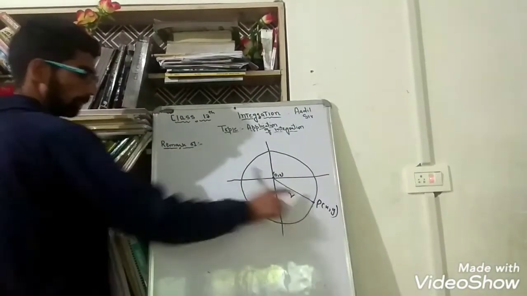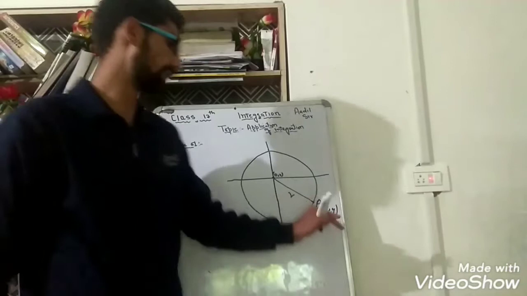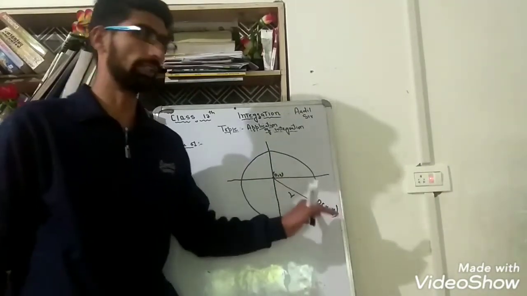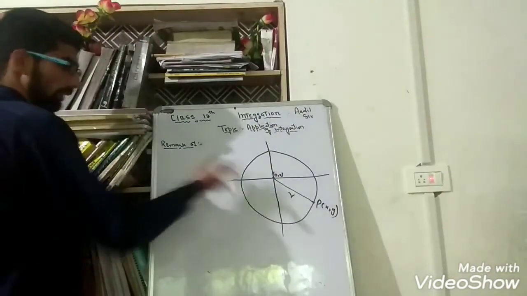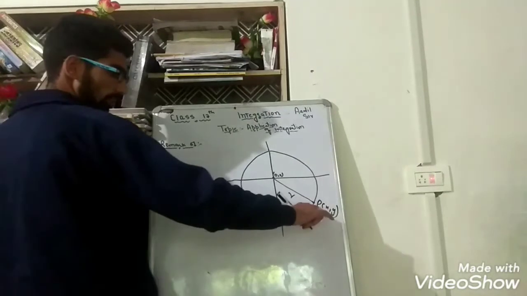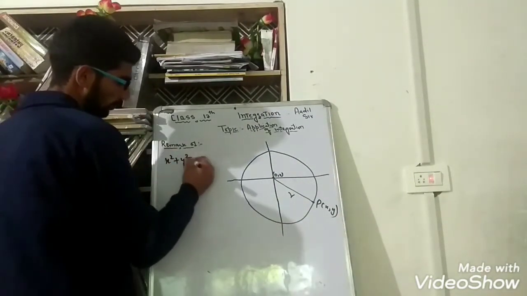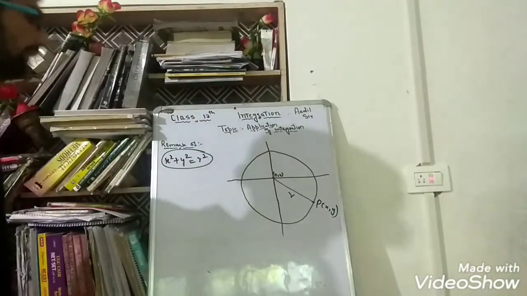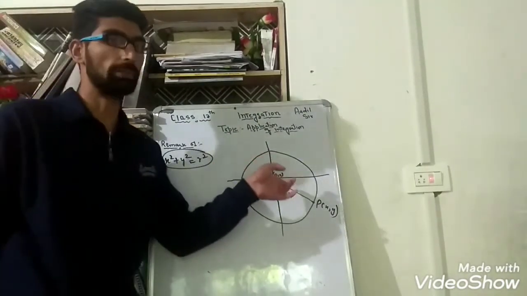We know that this circle is the locus of the point P(x, y) such that the distance from the origin to that point is always the same. So when I consider the point on the circle, I get x square plus y square equals r square. This is called the equation of the circle when the radius is r and the center is the origin (0, 0).